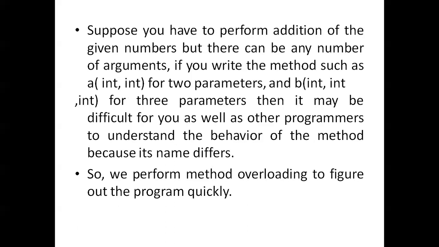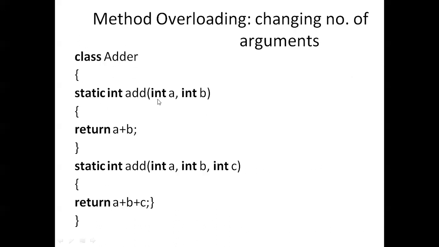Suppose you have to perform addition of the given numbers. So static int add of int a comma int b comma int c. Here also I am going to use a return statement: return a plus b plus c. So I am adding all three argument variables a, b, c.